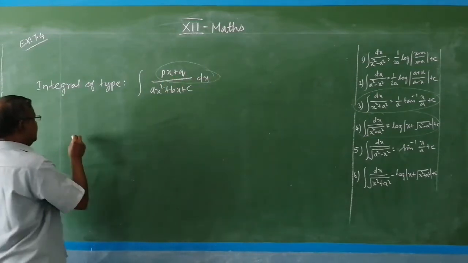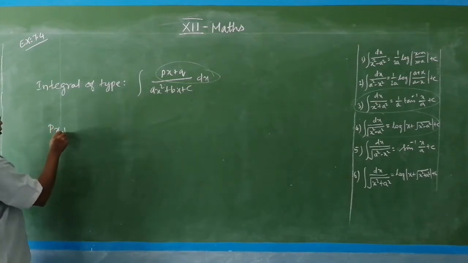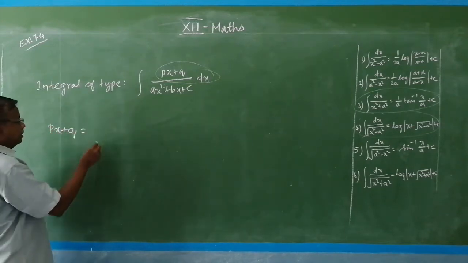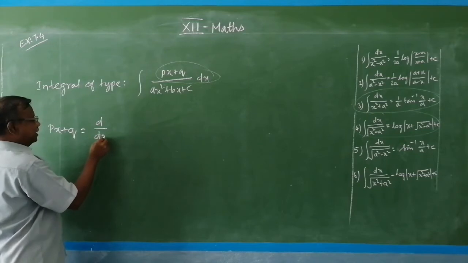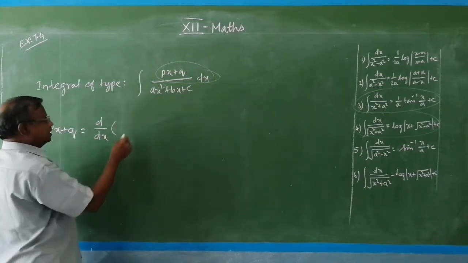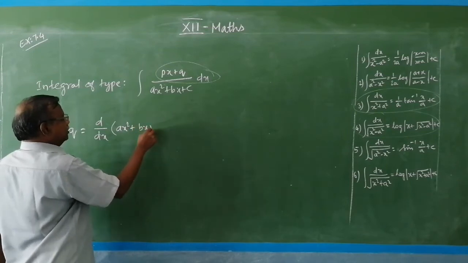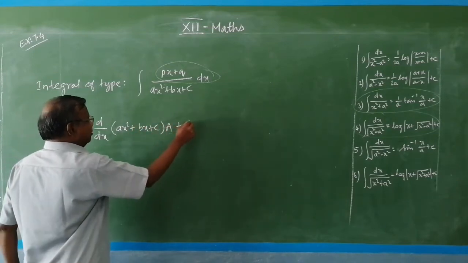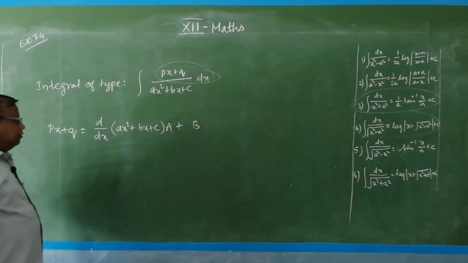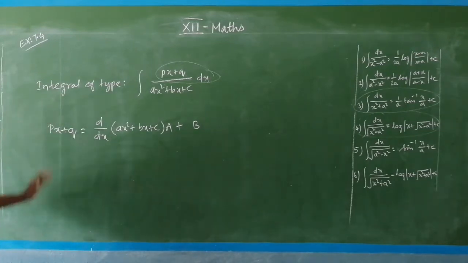The numerator can be written as, that is px plus q is equal to A into d by dx of the denominator, that is ax square plus bx plus c, plus B. So we can split this as given in the book.